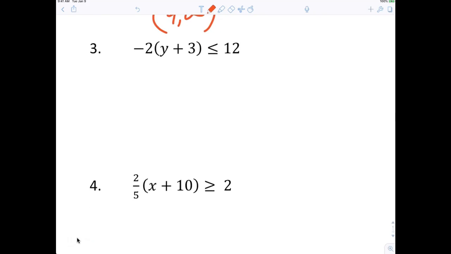Now, number 3, if I were to divide by -2, I have to do what to the signs? Change them. Make sure you change the sign. Let's go. I'm walking around.